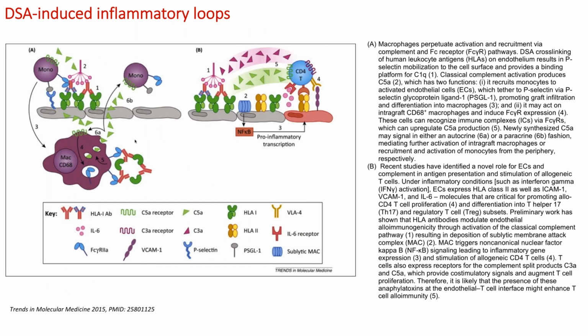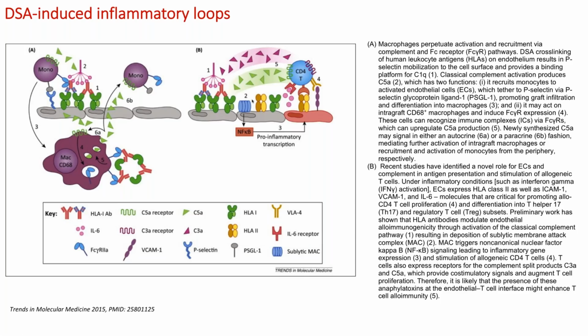At every stage, both in the ADCC and the CDCC, you can have amplification of this loop that results in ongoing tissue injury. Now, recent studies have identified a novel role for endothelial cells and complement in antigen presentation and stimulation of allogeneic T cells. So there are pathways by which the endothelial cells can activate CD4 cells and amplify this loop.